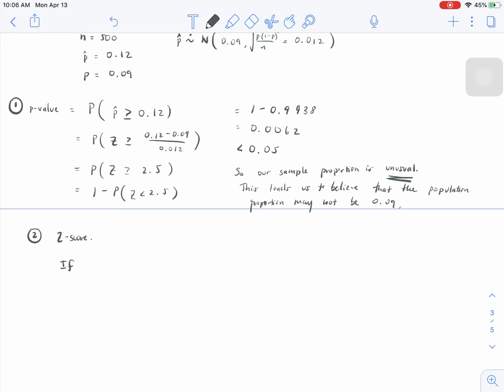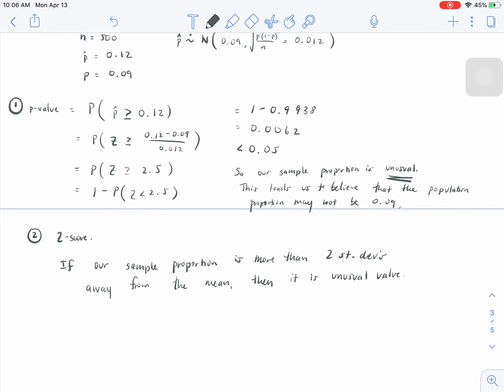So if our sample proportion is more than 2 standard deviations away from the mean, then it is an unusual value.